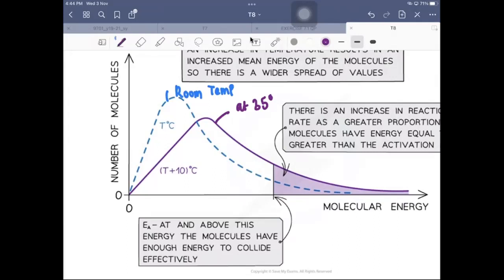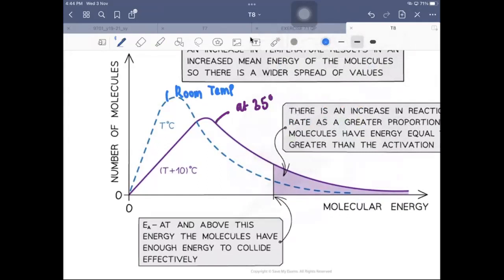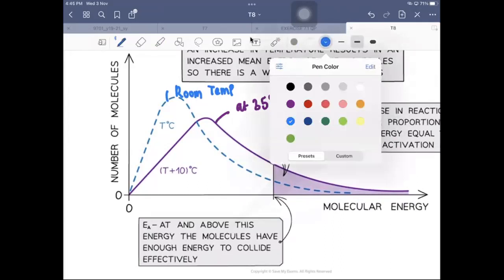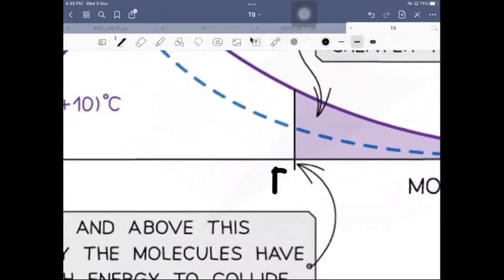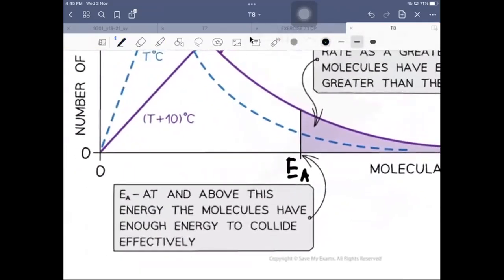Now let's have a look at the blue one first, at room temperature. Remember just now when I introduced the Boltzmann-Maxwell distribution, there is this point called the activation energy, that's not labeled, EA. Activation energy is the minimum energy required for particles or molecules to have in order to result in a reaction, or in order to change them into products.